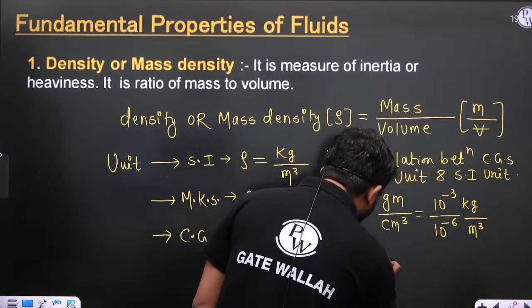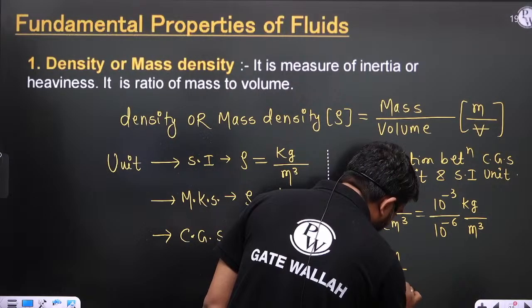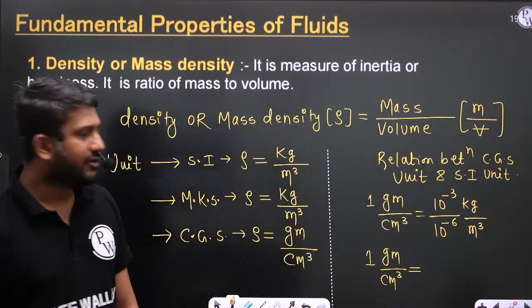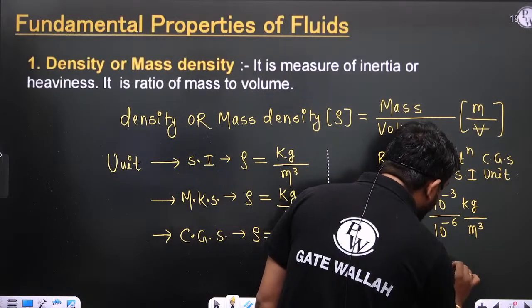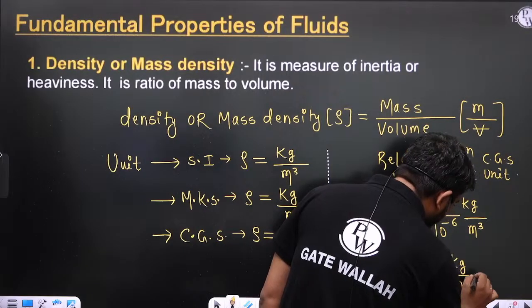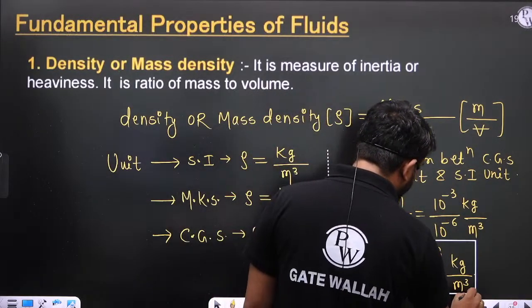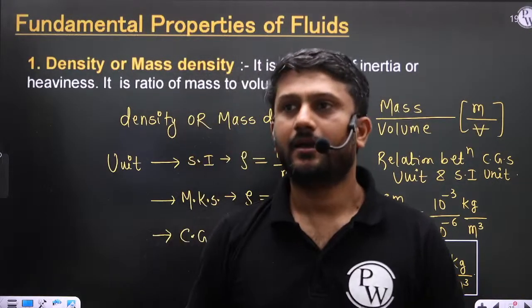So ultimately we can write 1 gram per centimeter cube is equal to 10 to the power 3 kg per meter cube.